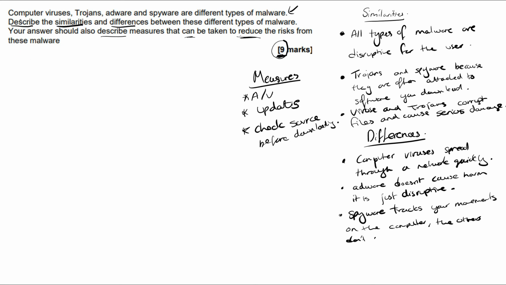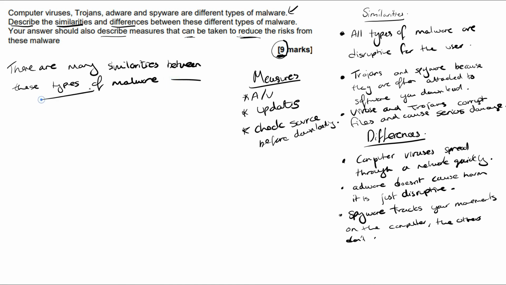Whoops. So if I was to plan this out now, I would write an opening sentence. So it says computer viruses, trojans, adware and spyware are different types of malware. Describe the similarities and differences between these different types of malware. So I might say there are many similarities between these types of malware, and then I would list them using my notes on the side.